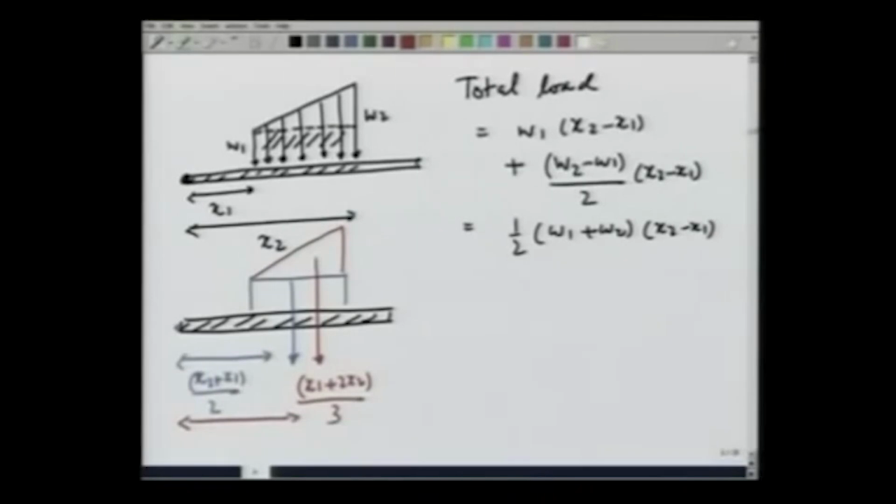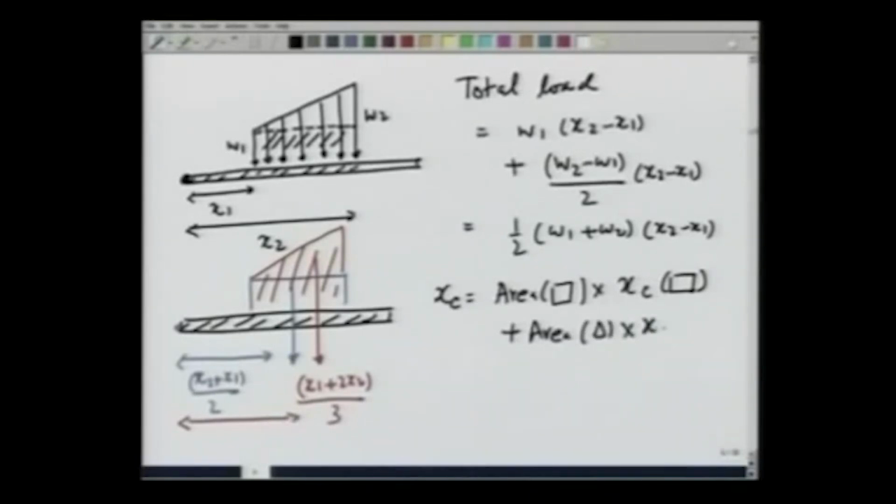So, I can take these two loads and then calculate what will be the effective centroid for this entire area, and that we know from our previous lecture is going to be xc equals the area of the rectangle times xc of the rectangle, just writing it symbolically, plus the area of the triangle times xc of the triangle, divided by the total area.